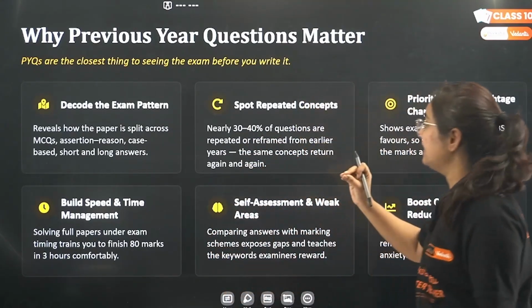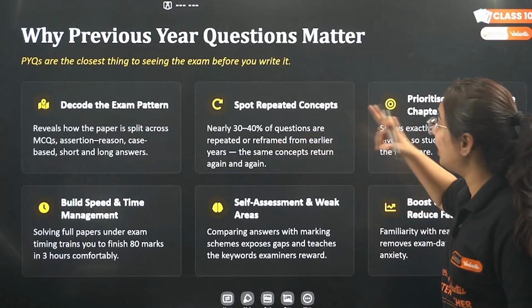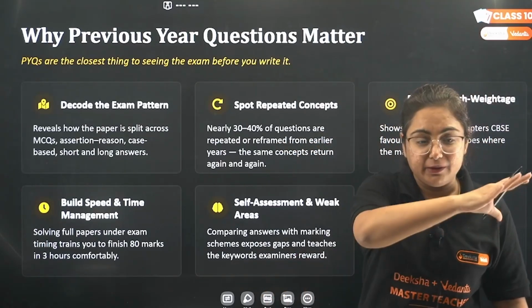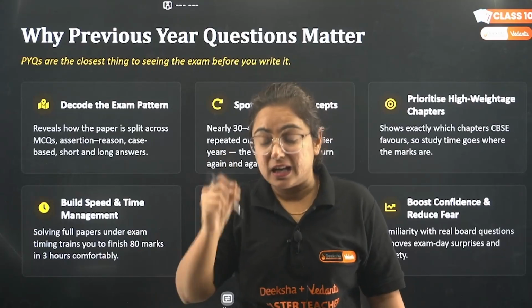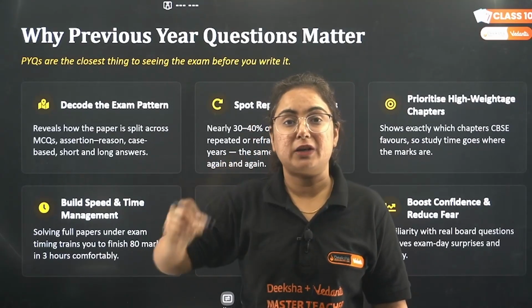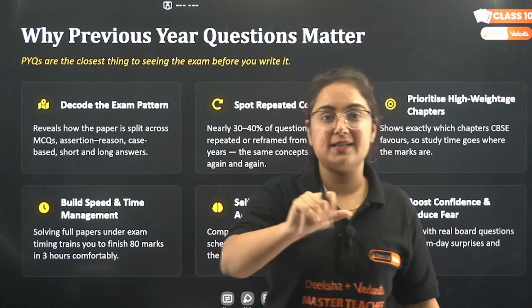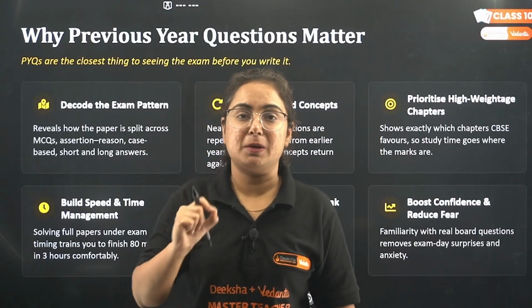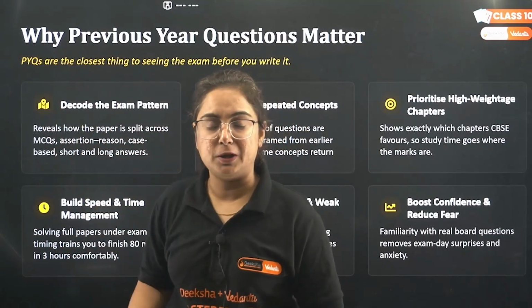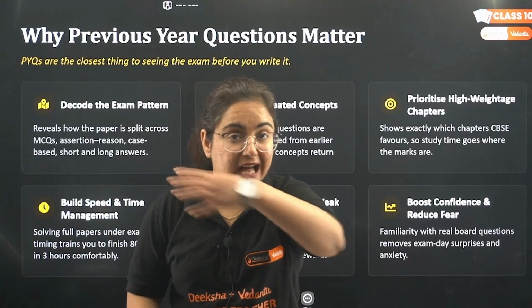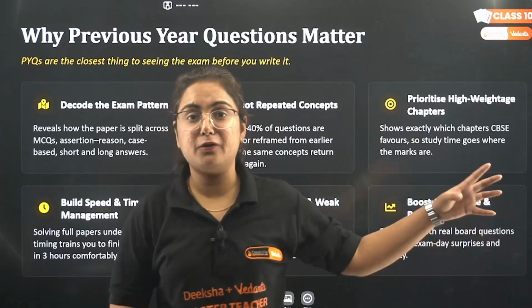The second reason is that you have to spot the repeated concepts. Whenever you analyze the 5-year PYQ papers, note how many times a question has come. For example, in last year's paper there is a 5-marker question, trace the process of unification of Germany. Since the last 5 years it has been asked a number of times.